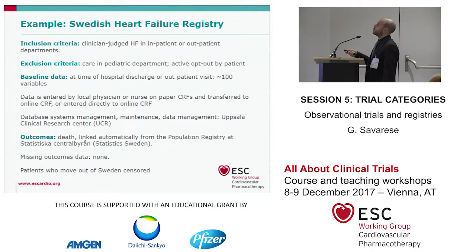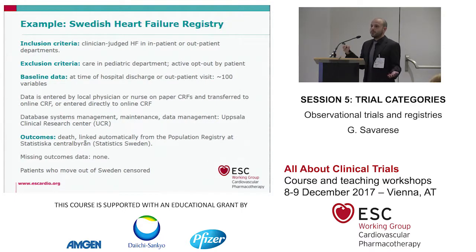And we just exclude patients from pediatric departments and the patients who decide to opt out from the registry. It means that if a patient goes to a hospital in Sweden that's covered by the Swedish Heart Failure Registry, all the patients are automatically included in the registry, but patients are informed about this and they can decide not to be included.